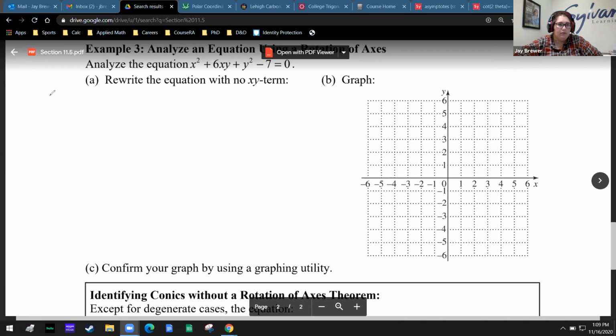So if we are looking at the cotangent of 2 theta, and we are equating that to a minus c over b, what am I filling in? What's my a?